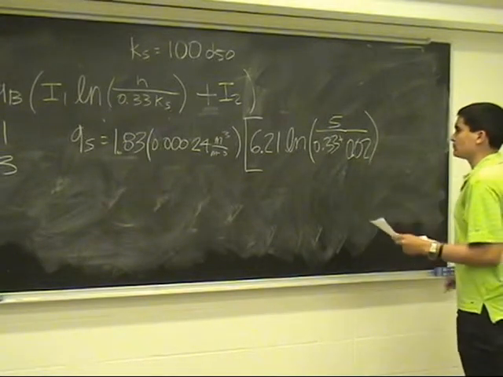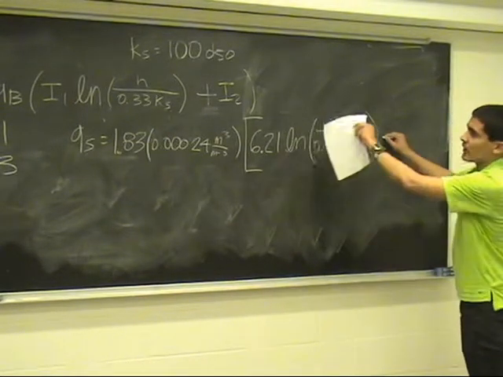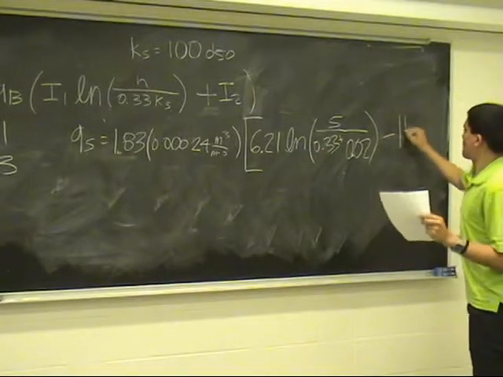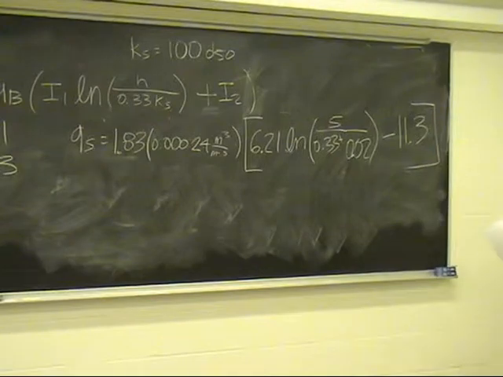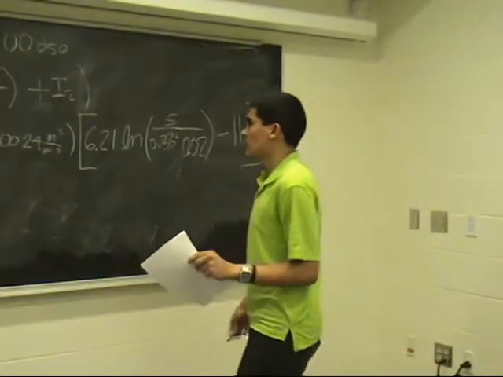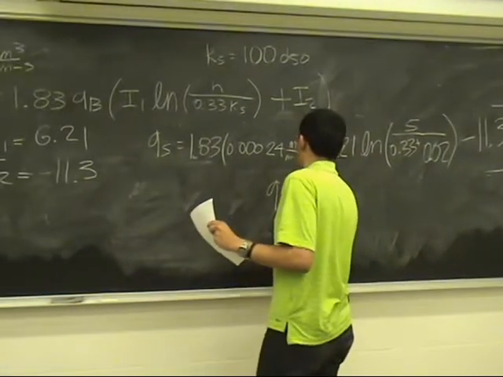Close parentheses, plus I2, we have a negative. Voila, we have everything we need to calculate the suspended transport.